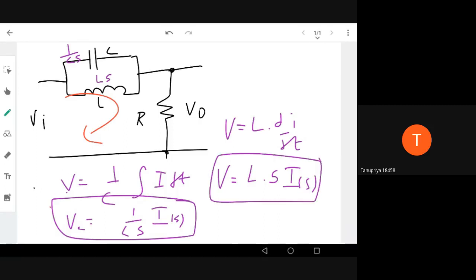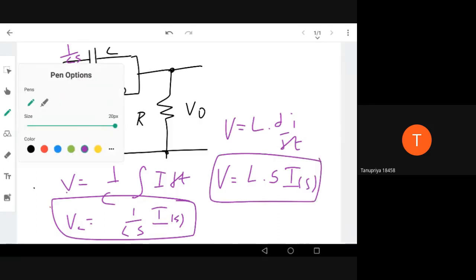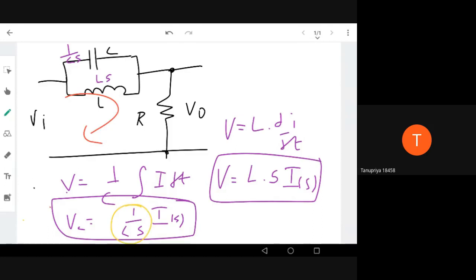So this is what we are doing here. So here we are only taking these two things, 1 by CS in Laplace domain, for shortcuts, for doing it faster. We are just taking those things which decide my impedance in the S domain. So I use Ls for the inductor and CS for the capacitor.